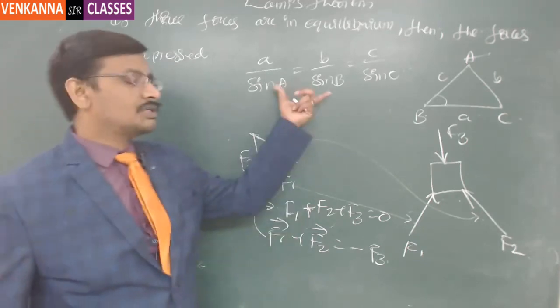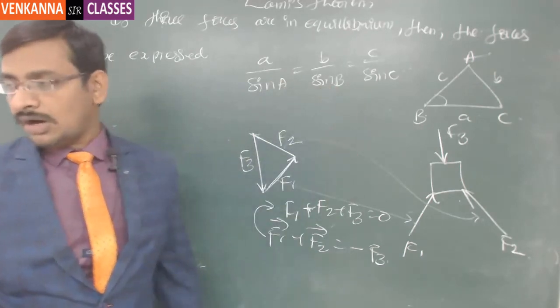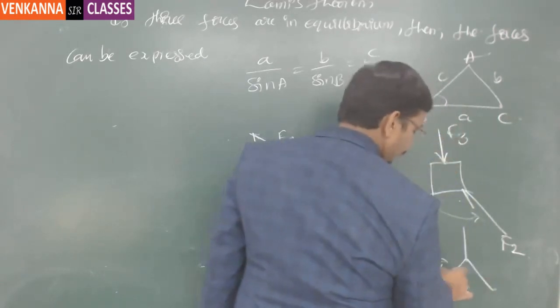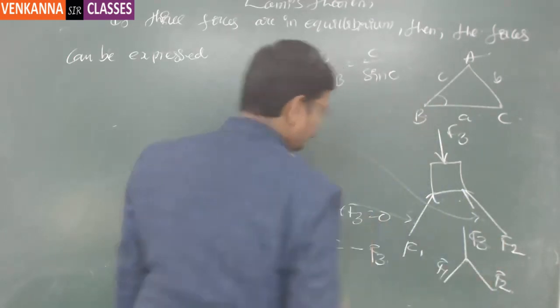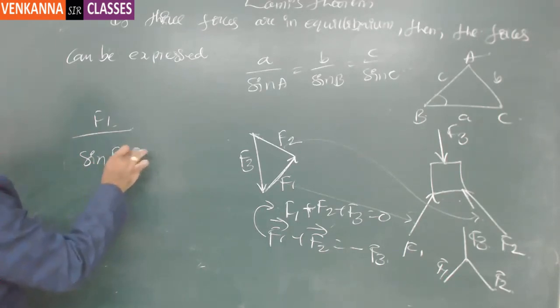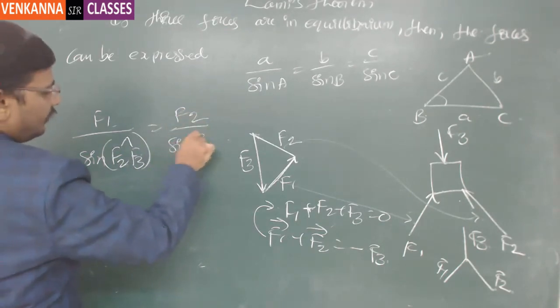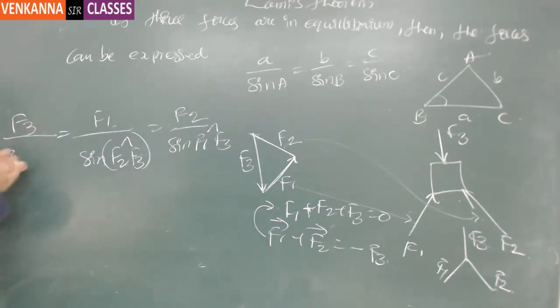Now under such a situation, how can we express this? A by sine A is equal to B by sine B is equal to C by sine C, or this can even be expressed in this format. So this is F1, this is F2, and this is F3. From this format, F1 by sine of the angle between F2 and F3 is equal to F2 by sine of the angle between F1 and F3 is equal to F3 by sine of the angle between F1 and F2.